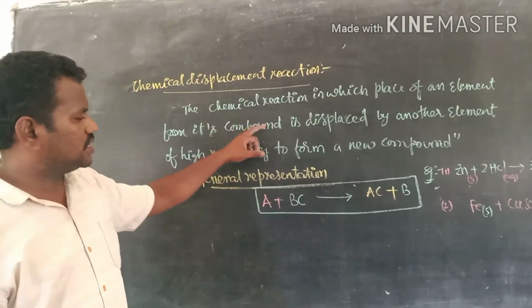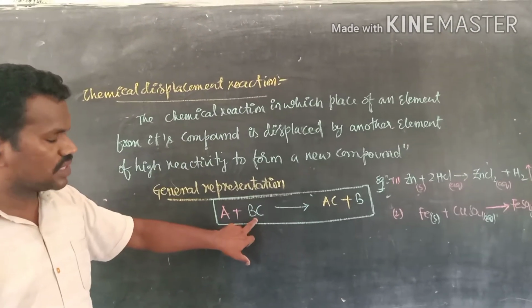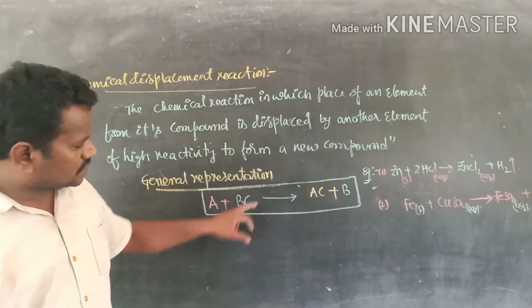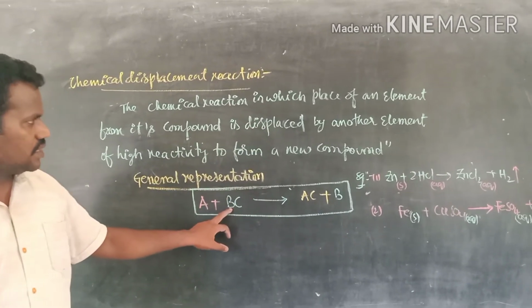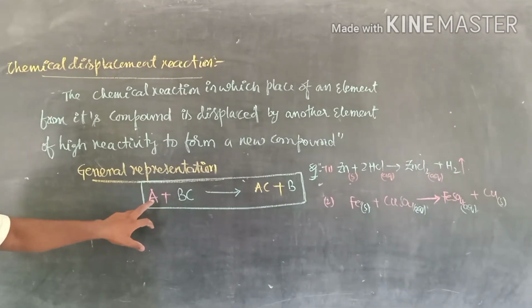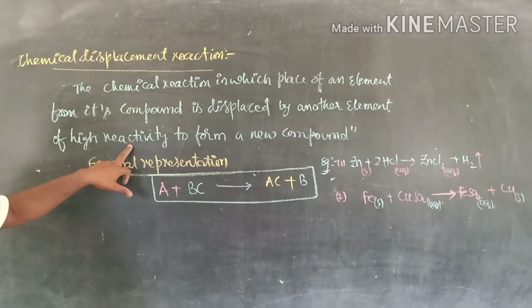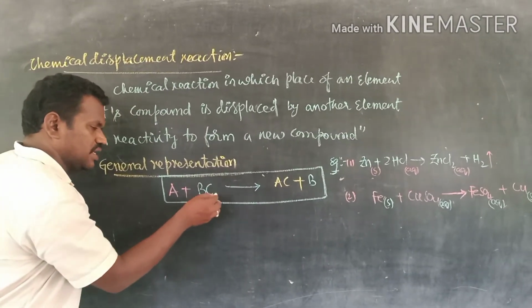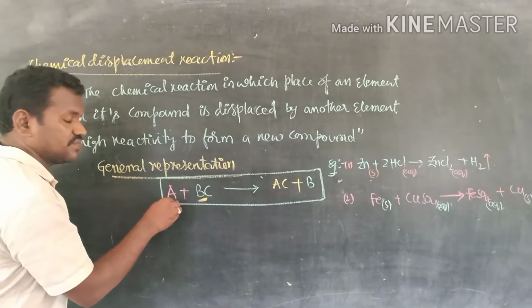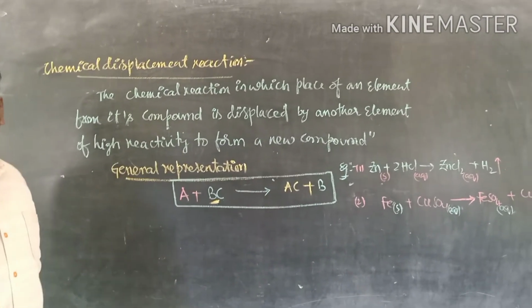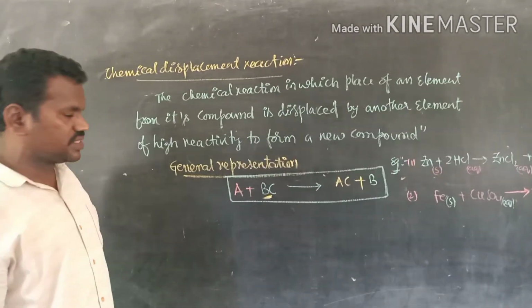So a compound is there; for example, let us consider the compound BC. In that, the place of B is displaced by another element A. This element A must have high reactivity. So when compared to the reactivity of the element B or C, the reactivity of the element A should be very high. That is what we call the order of reactivity.